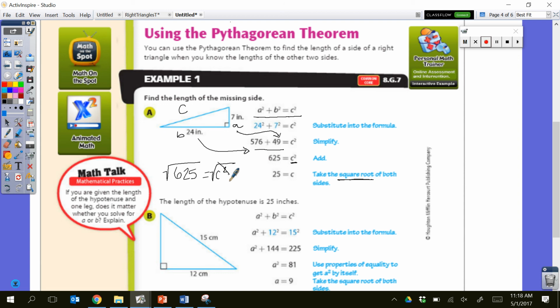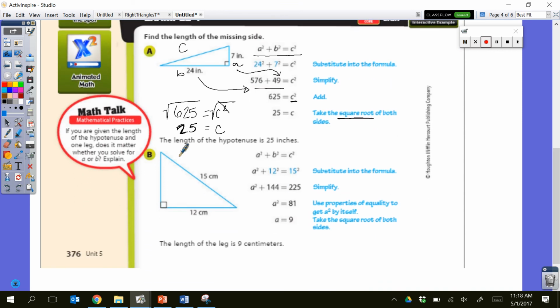This is going to cancel that out and leave us with just C. Finding the square root of 625: what number times itself, not this number divided by 2, but what number times itself gives you 625? And that is 25. So use calculators if you need to find that square root, especially for bigger numbers, but you want to start memorizing our common square roots, especially our perfect squares.